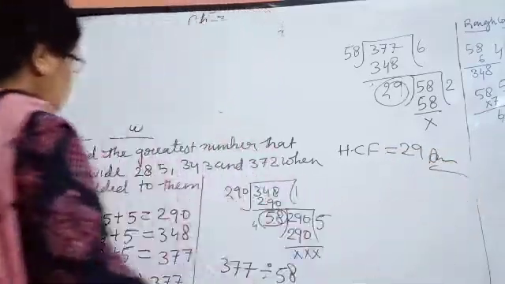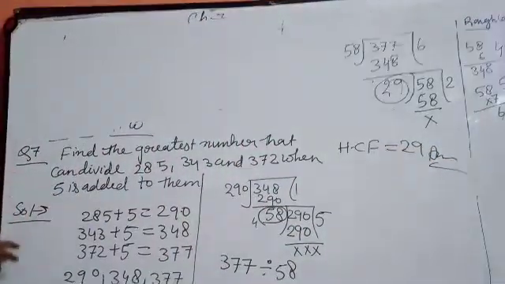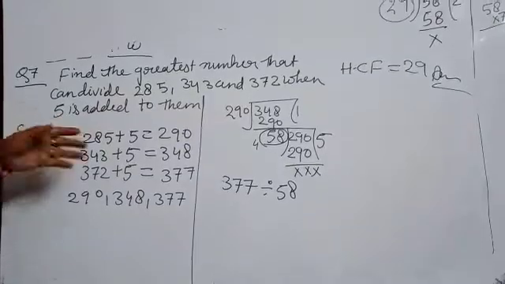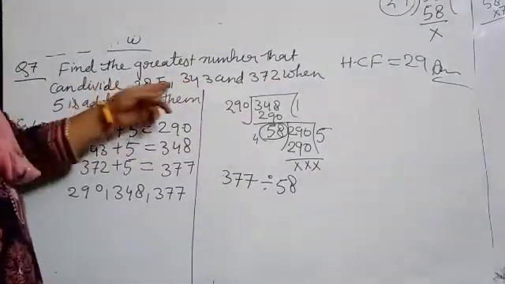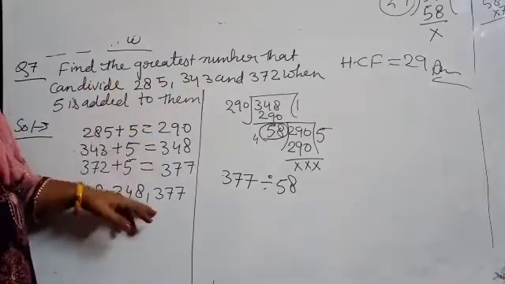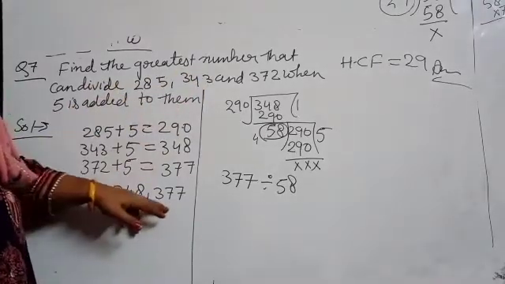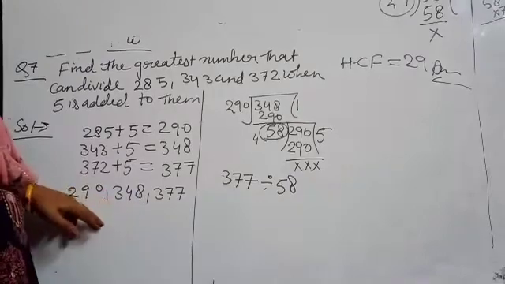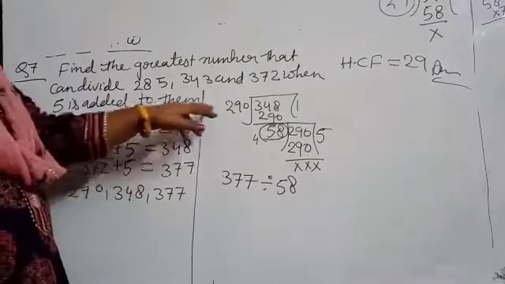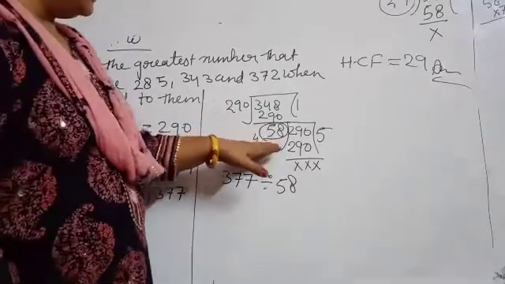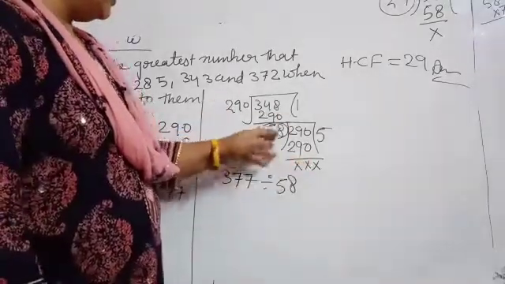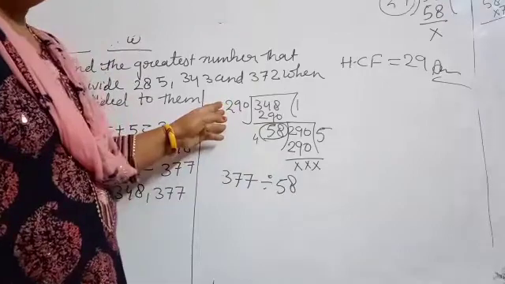So in this way, up to question number 7 we have completed. What have we done? First of all, we added 5 to all the 3 numbers according to the instruction. Then we wrote the numbers in increasing order; already it was given in increasing order. Then we divided the second number by the first number, and whatever the remainder was coming, we further did the division on the previous divisor.